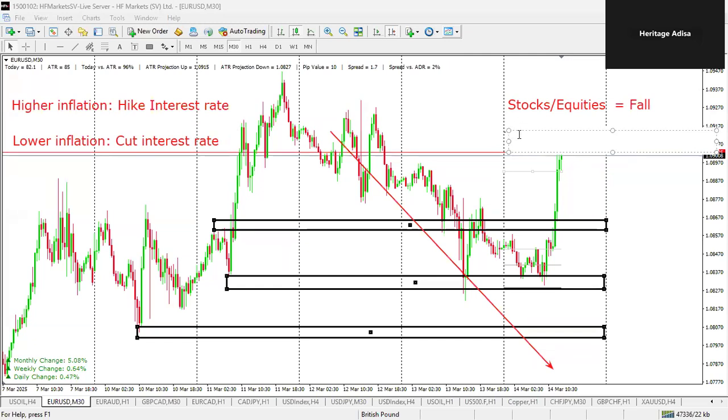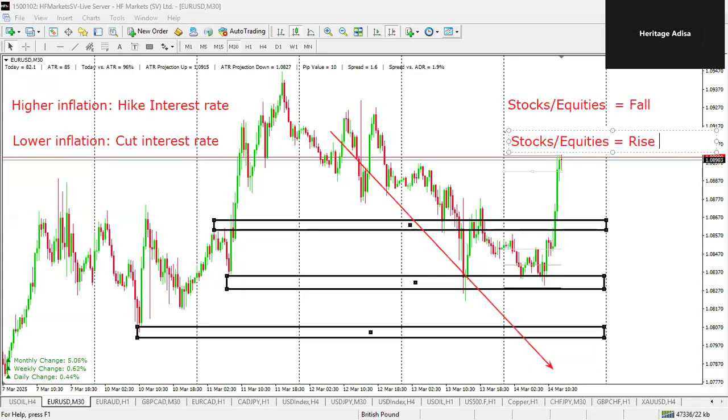That really explains some of the things we're seeing. So naturally, equities are expected to rise on the fact that the central bank could potentially cut interest rates, right? So equities also have major reactions to inflation.